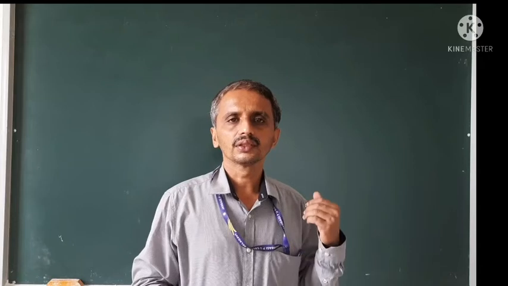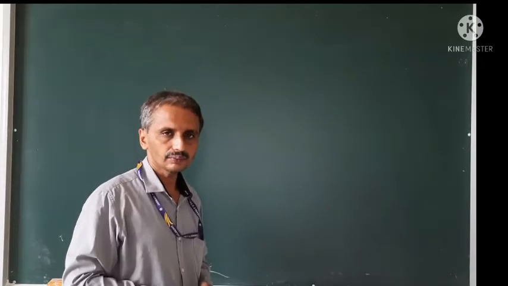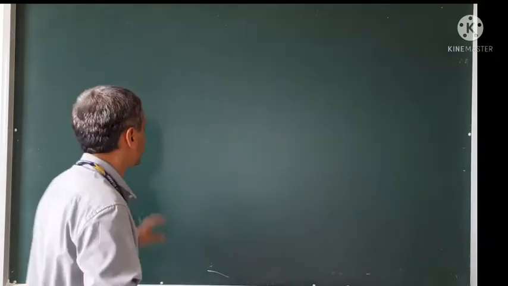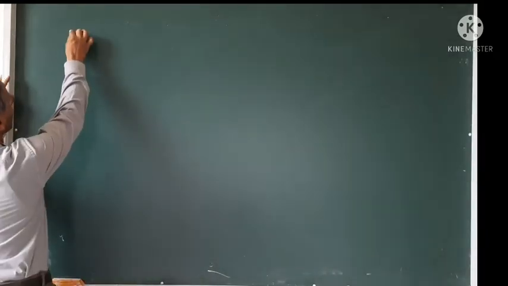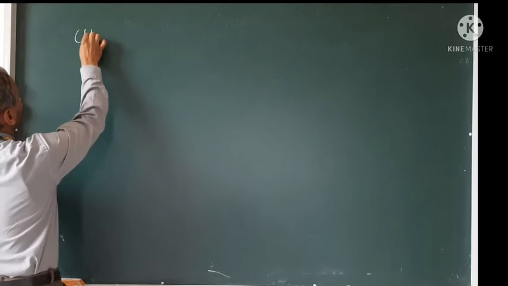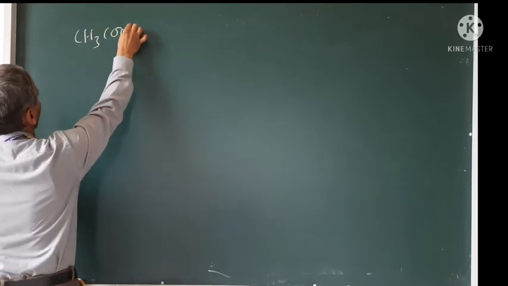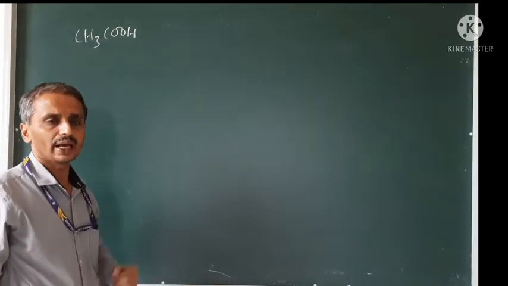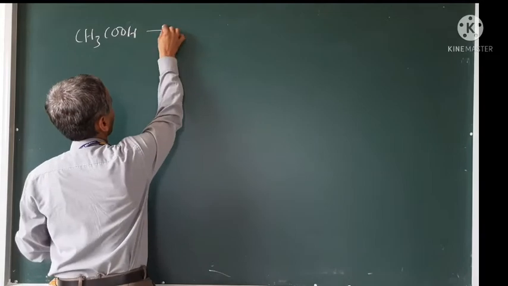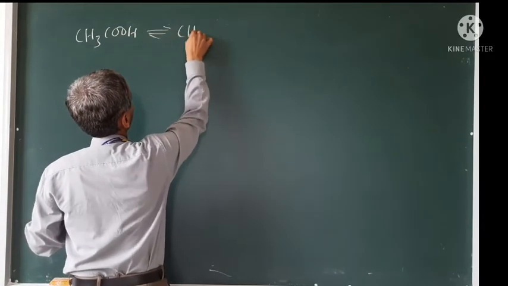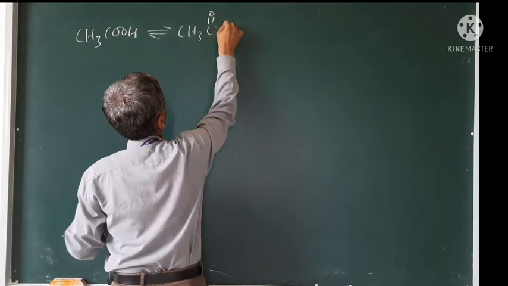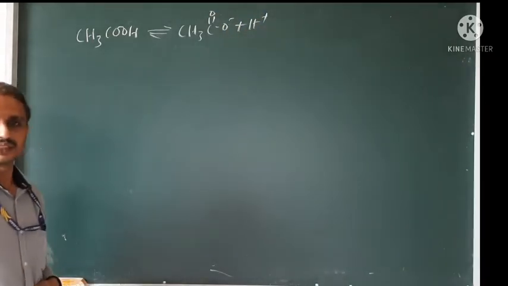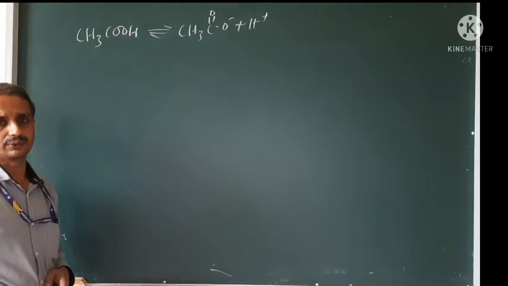It is the common ion effect. In this video I am going to explain the common ion effect. Just see, I have CH3COOH, acetic acid, which is a weak acid which ionizes to give CH3COO minus ion plus H plus ion, the acetate ion and the hydrogen ion.